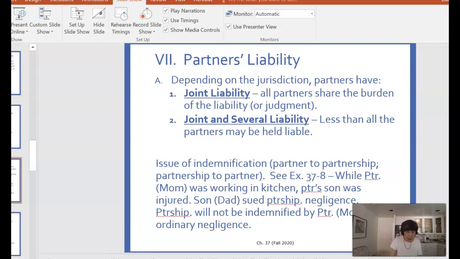It is based on a real case, although I'm not sure the citation is given to you in the textbook. It's a kind of negative example, and what I mean by that is it doesn't show indemnification taking place, but the principal is present there. The partner in this case was a mother, and she also worked in the partnership.